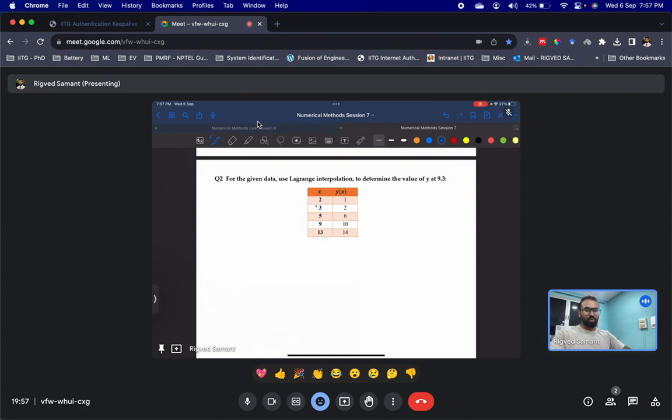Okay, so how does Lagrange interpolation go? Lagrange interpolation formula is given as y is equal to, so y you want to find, your interpolating function, right? You want to find a function.